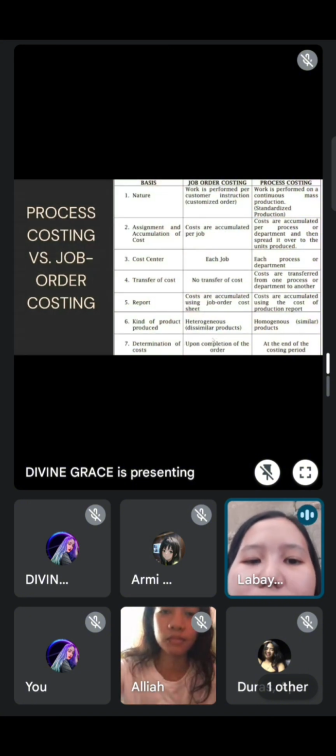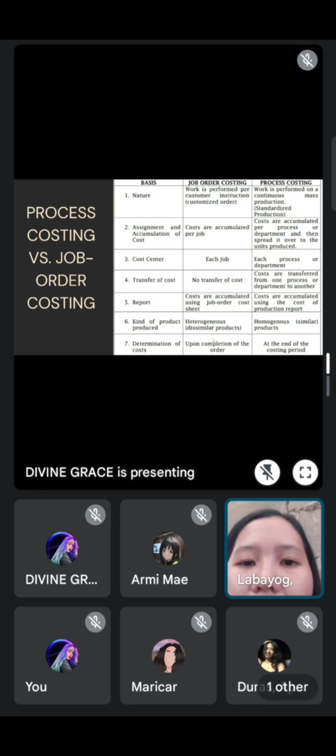Process costing versus job order costing. The basis is nature: in job order costing, work is performed per customer instruction or customized order. In process costing naman, work is performed on a continuous mass production or standardized production.